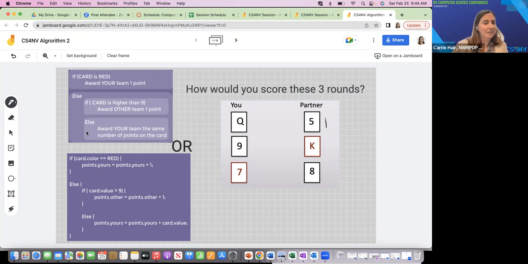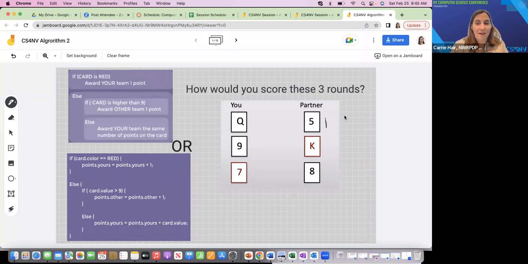Okay. So then let's go to the next one, the 5. Is the card red? No. Okay. So then we have to decide, now that the card's not red, is the card higher than 9? Still no. Else award your team the same number of points on the card. So I think that's a 5.